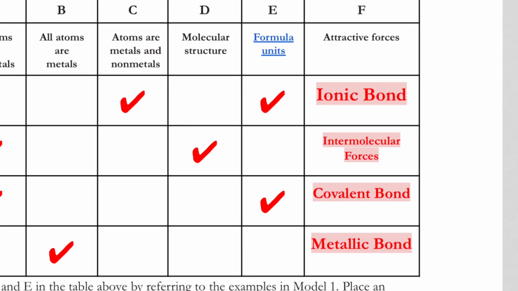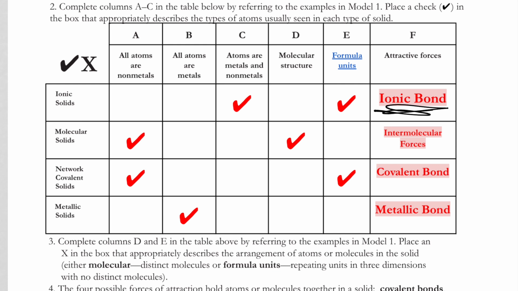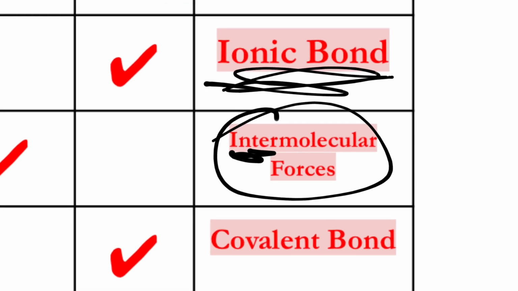And regarding the primary attractive forces between them, ionic solids will only have ionic bonds. And this is where we introduce a new concept called intermolecular force. The key word here is inter, because when you look at the word inter, you should think about internet. Internet means between networks. Interscholastic means between schools.